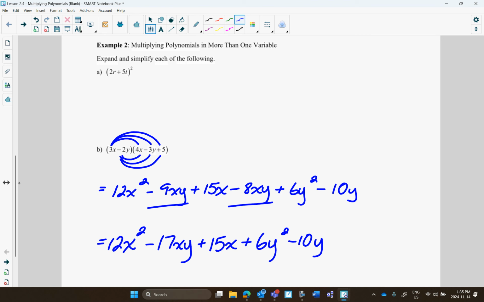So if I square something, what does that mean? What does squaring mean? Timesing by itself. So I've got to take this 2r plus 5t, parentheses and all, and times it by itself again.